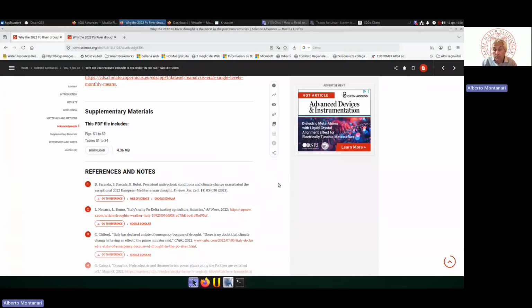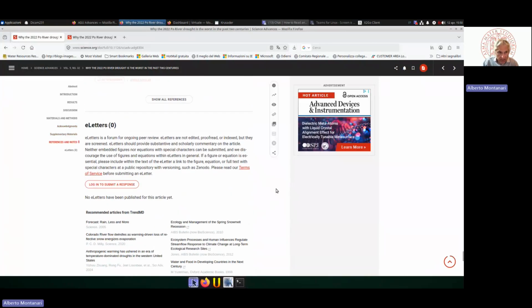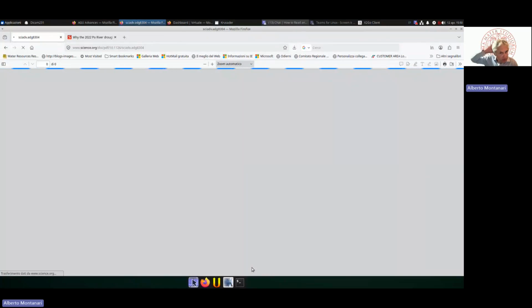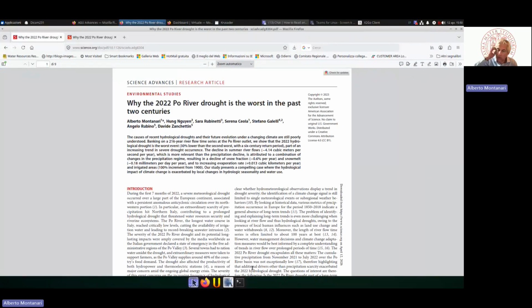Another very popular repository is Scopus by Elsevier. And that's it. And so we basically concluded the reading of the paper. There is also the opportunity to download the PDF if you want to download it and save it on your PC for offline reading.